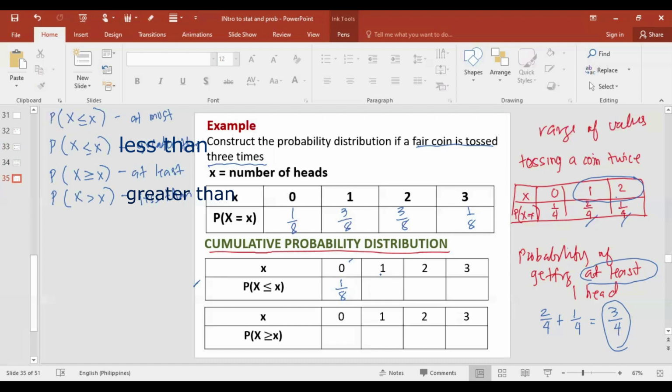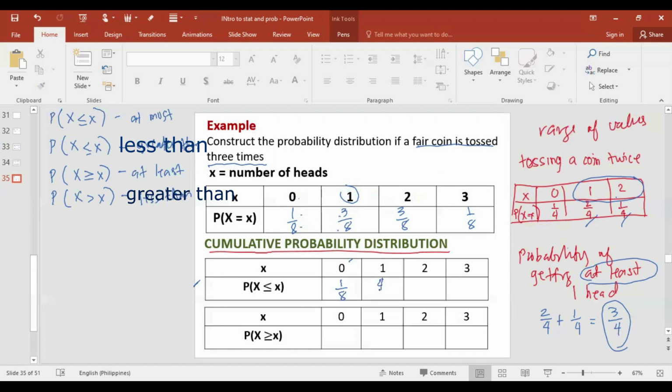Next, what is the probability of getting at most 1 head? Again, since at most 1 head, hindi natin i-consider itong 2 and 3 kasi siya na dapat yung pinakamataas. So, pwede natin i-consider yung 0. So, we simply add 1/8 and 3/8.